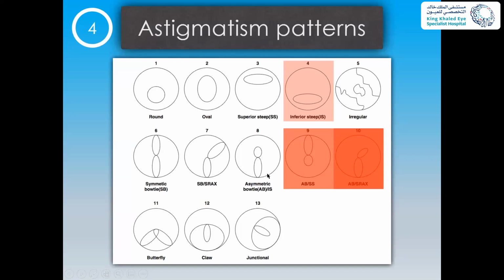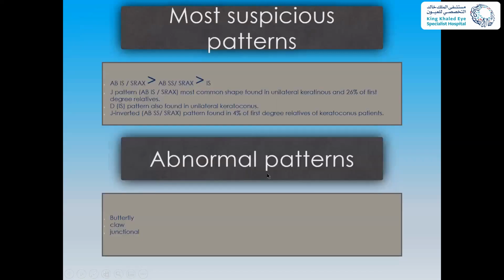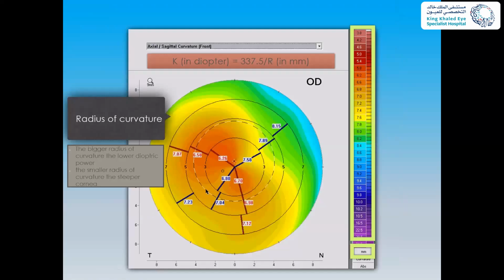This may not be suspicious. So very important things, that not only you have to look at the keratometry readings, you have to look at the patterns. Okay, so butterfly, claw, junctional, inferiorly, they are the patterns which you have to look for. Asymmetrical bow ties. Okay, and there are different formulas to calculate. You don't need to know that at this stage.